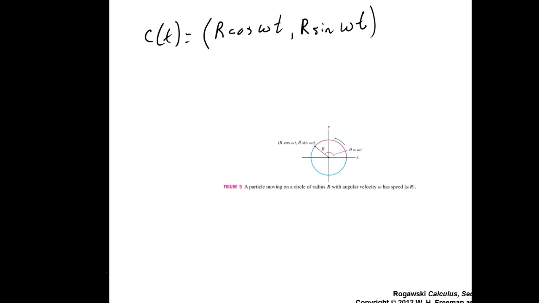Cosine omega t, if you remember, that's your x coordinate. Cosine is your x coordinate, and sine is the y coordinate. And by the way, if you squared this and squared that, R squared cosine squared omega t plus R squared sine squared omega t, add them together, you would factor out R squared, and then you would have times 1. Well, that would give you a circle of radius R. So sure enough, that's what we've got here.